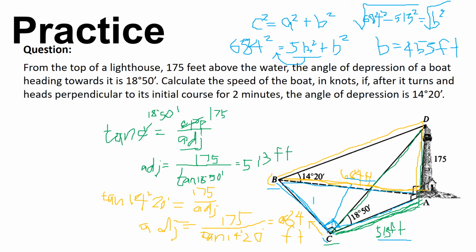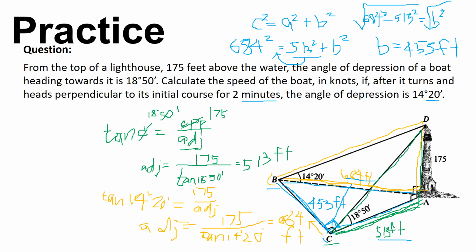Now we have a measure of this distance, the distance that the boat traveled within 2 minutes. Let's not get confused with the unit of time, minutes, and the unit of angle, minutes. Those are different.